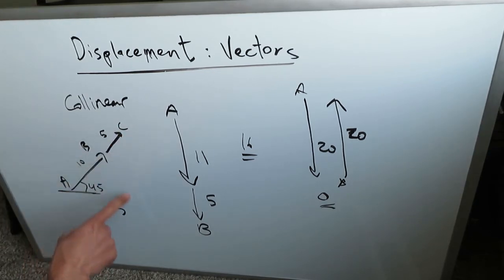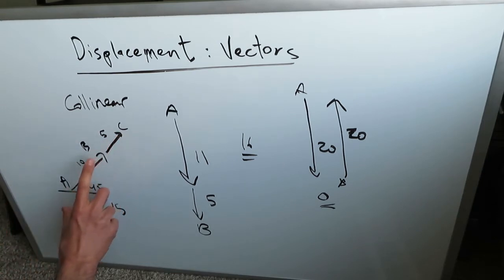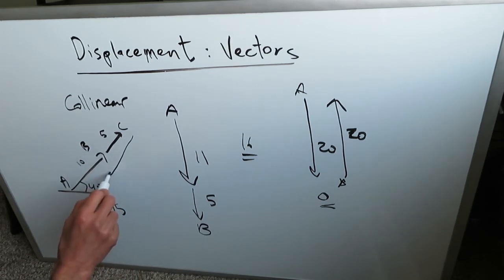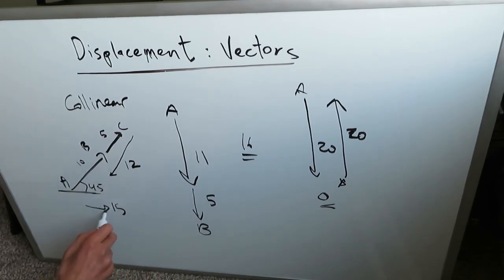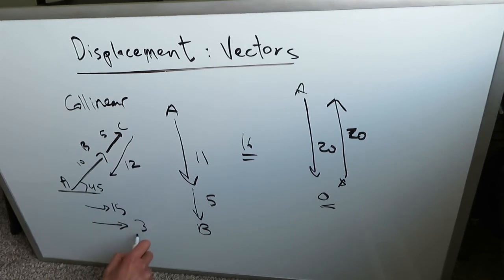Even though you have a non-horizontal, non-vertical line, you have collinearity over here because you could superimpose these two lines. Even if you walked backwards, let's say you walk back a distance of 12 miles, now your new displacement is 10 plus 5 is 15 minus 12. Here your displacement is 3. All of these three lines are superimposable.